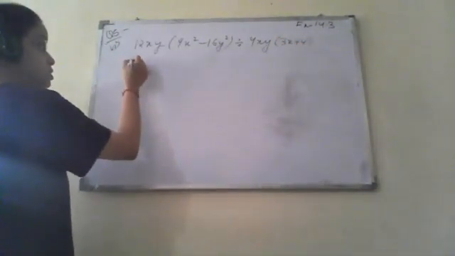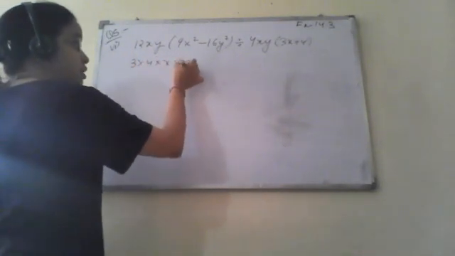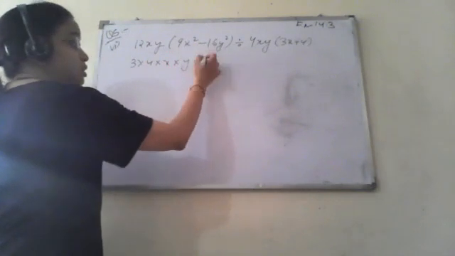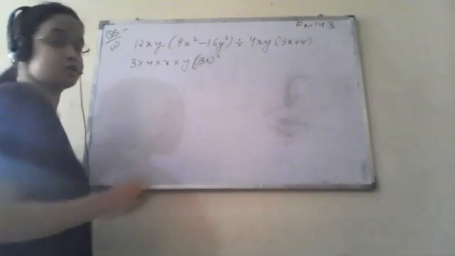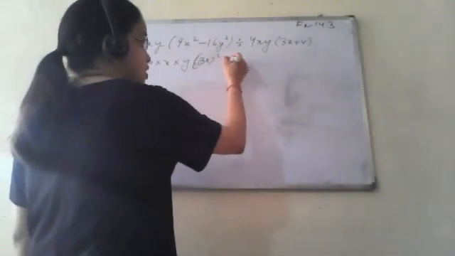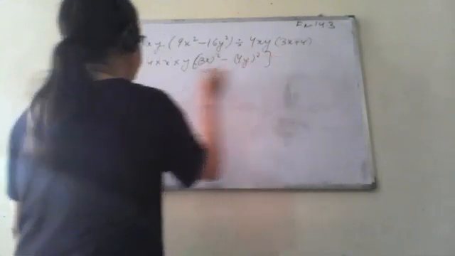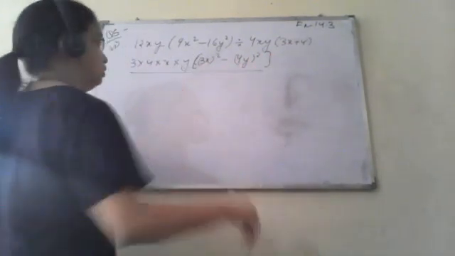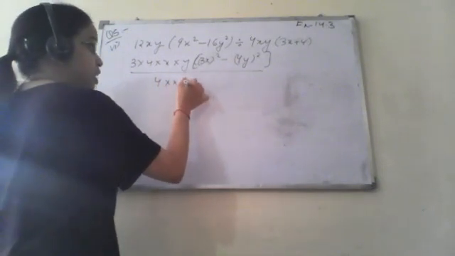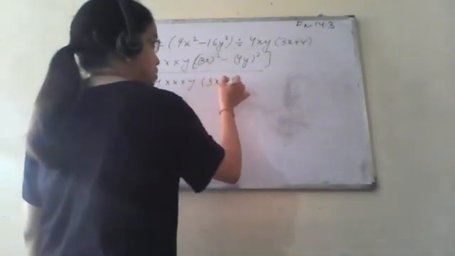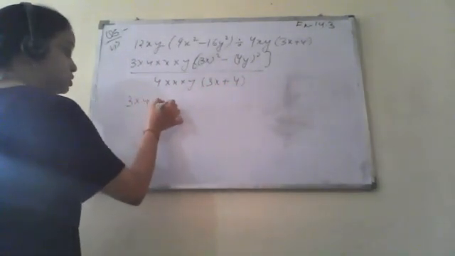This can be written as 3 into 4 into x into y. This 9x square is 3x whole square. This 16y square is 4y whole square. And this is 4 into x into y into 3x plus 4. Clear? So this is 3 into 4 into x into y.